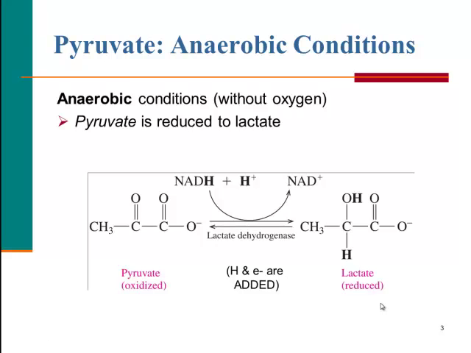So after you're finished with your strenuous exercise that produces lactate, your cells and your body as a whole is going to have to deal with the accumulation of this molecule, and we'll talk about that at the end of this particular section.